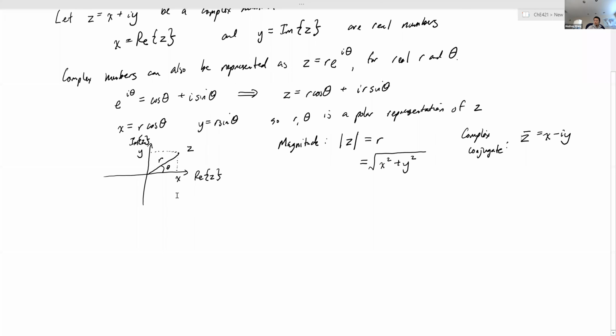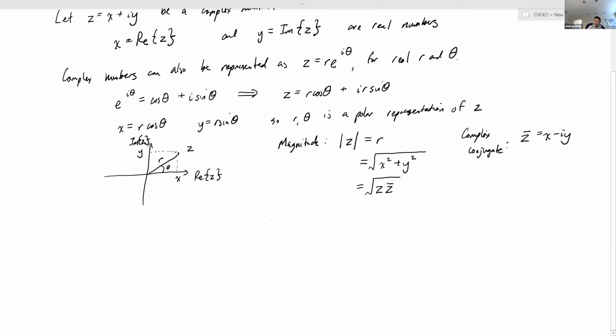And so another way of writing the magnitude, in general, regardless of what coordinate system you're in, is z times z bar. Because if you were to actually multiply out x plus iy times x minus iy, you would get x squared plus y squared.